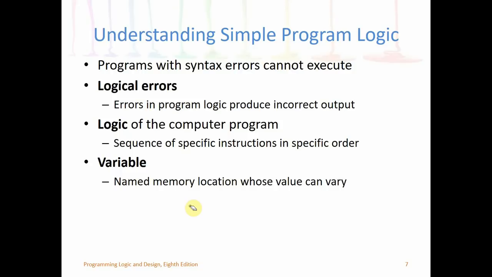Rather than adding the subtotal to the tax to get a total, you can simply do the subtotal multiplied by 1.07, and you have the total immediately, 107, without having only the taxes. So that's what we call a logical error.